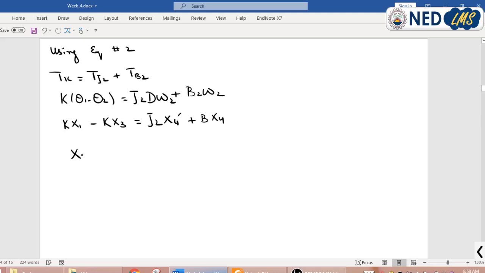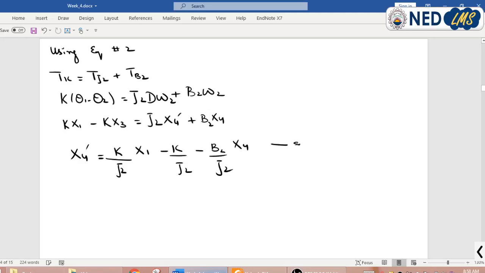So our x4 dash can be evaluated. Just rearrange this term. This will be K over J2 x1, no x2 term, x3 is minus K over J2, and similarly minus B2 over J2 x4.